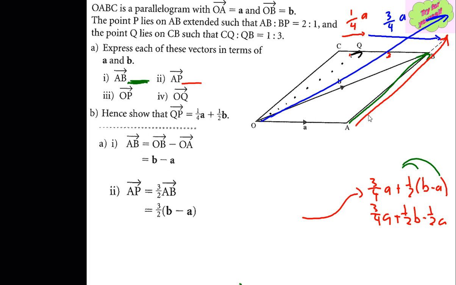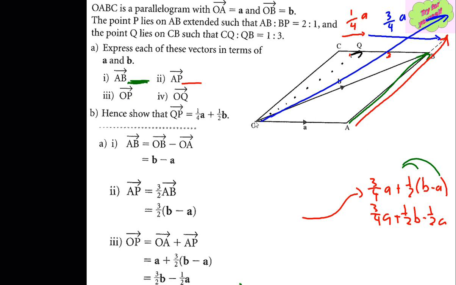If this one is 2 and this length here is 1, in total that must be 3 parts, so it's 3 over 2. So AP must be 1.5 times AB, which is 3 over 2 AB, so 3 over 2 brackets b minus a. You can expand it if you want, it's fine if you don't.